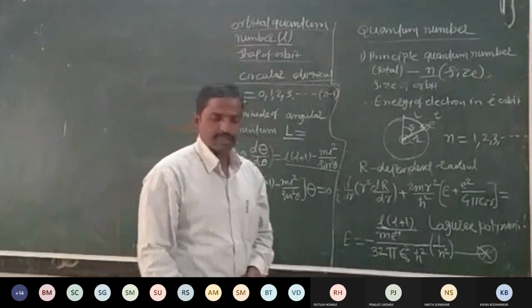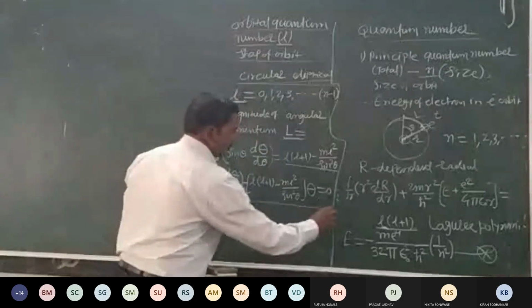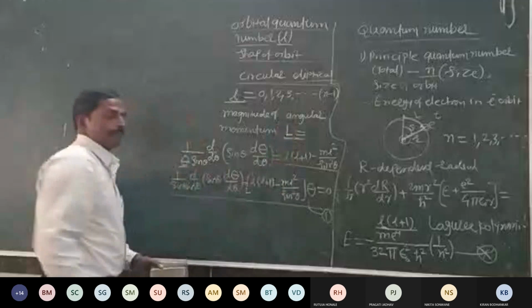And this is the Schrodinger equation in the theta dependent part. I have not made any change to it. Let's suppose this equation is equation 1.